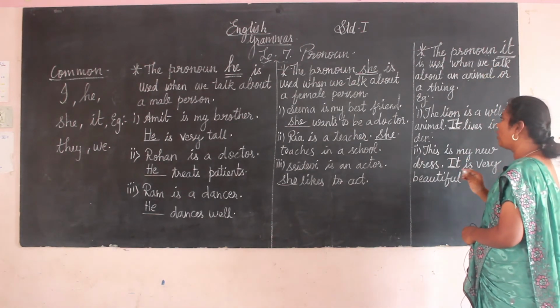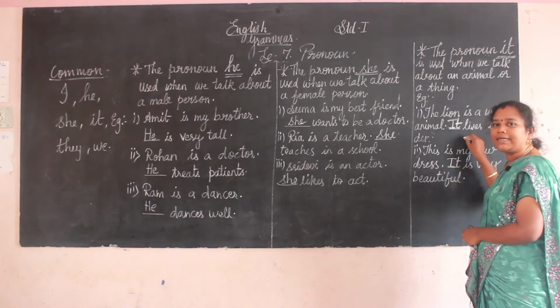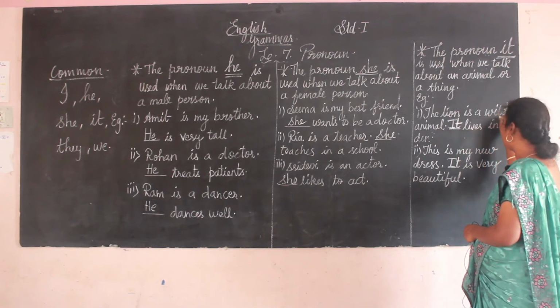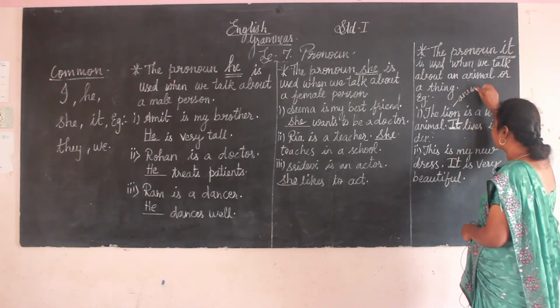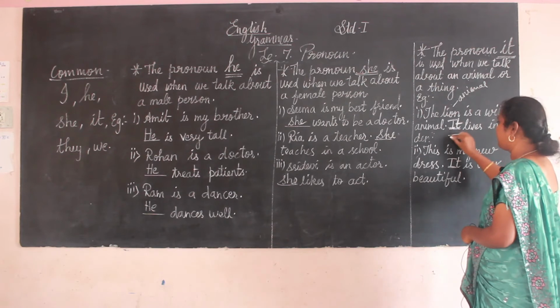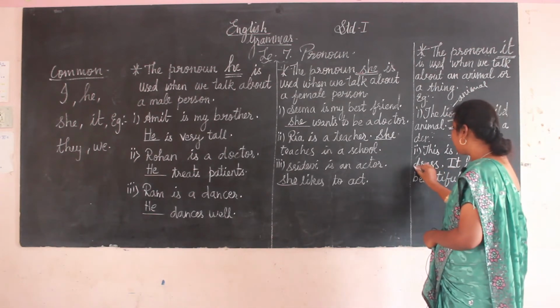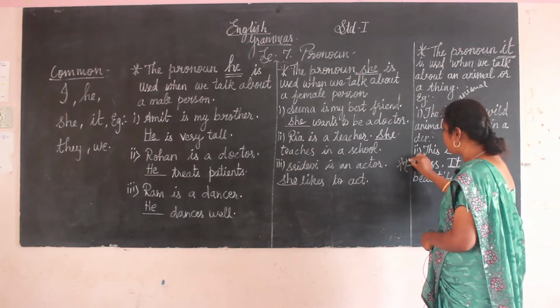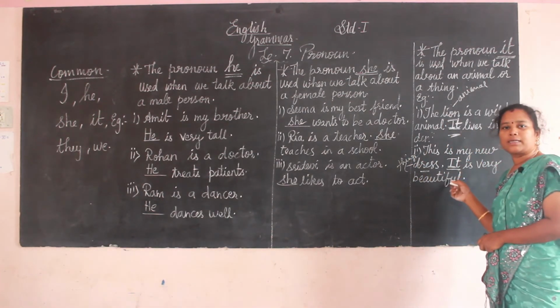For example, the lion is a wild animal. Lion is an animal, so we will write it there. Here, new dress. Dress is a thing, so you write it here. That is why we write it.